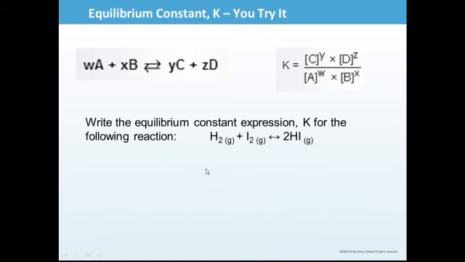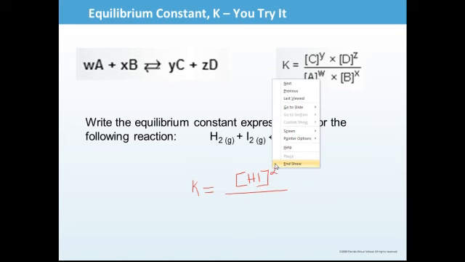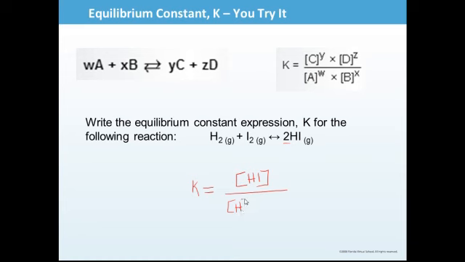Welcome back. So following our example, we see that we have K, and we are going to put our products on top. Well, we only have one product, and that product is HI. I see that it has a coefficient of 2, so I'm going to raise it to the second power. And then on the bottom, I have the reactants, so that's going to be hydrogen.